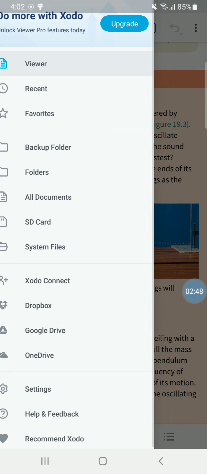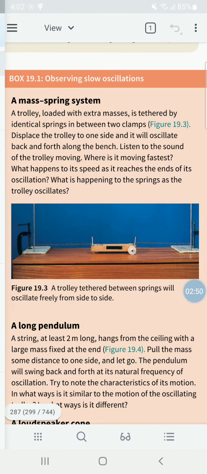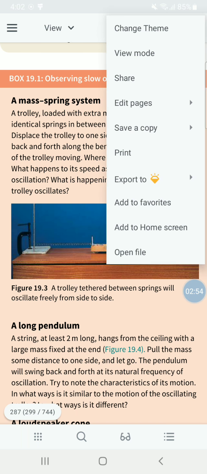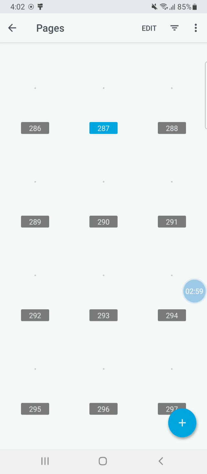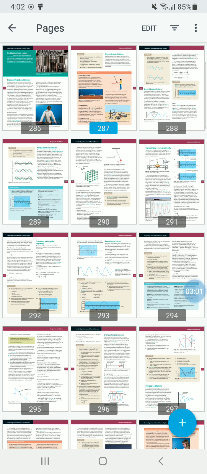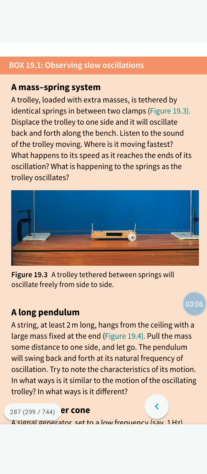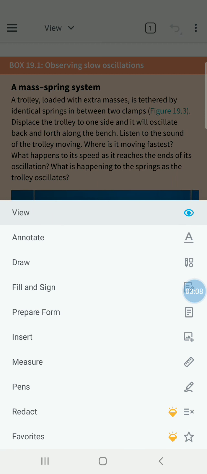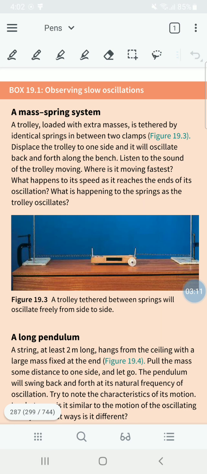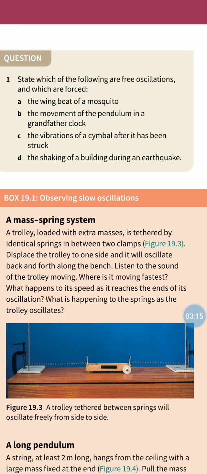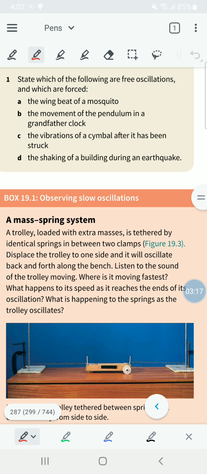Let me edit this. All right, so let's say this is the midpoint.